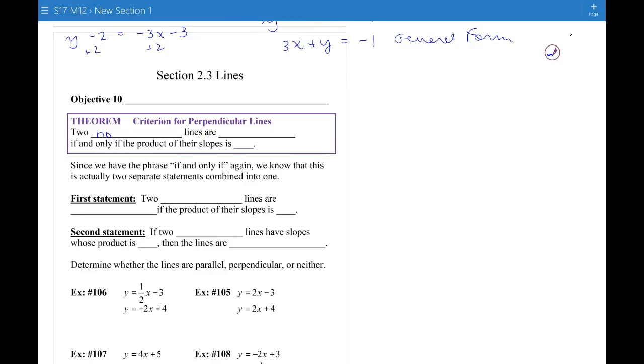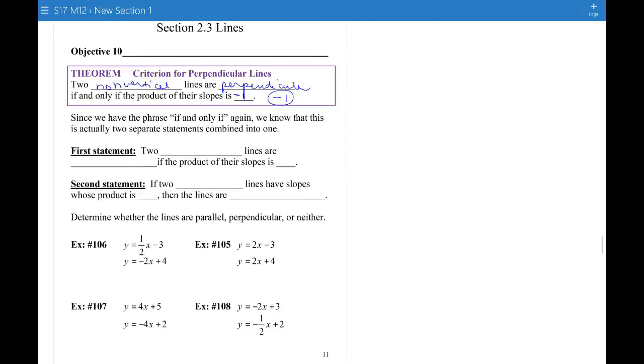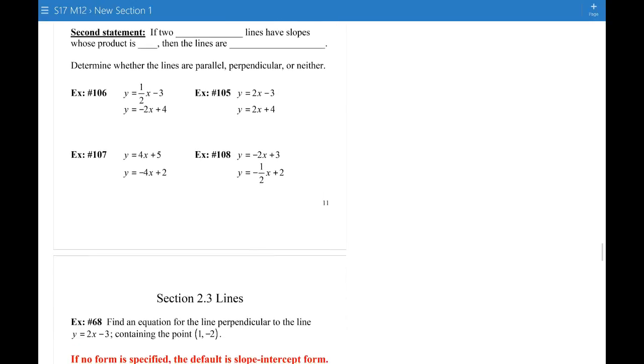So two non-vertical lines are perpendicular if and only if the product of their slopes is negative 1. So we know these are two phrases in one again, and so if we're going to figure out whether two lines are parallel or perpendicular, we're going to find their slopes.